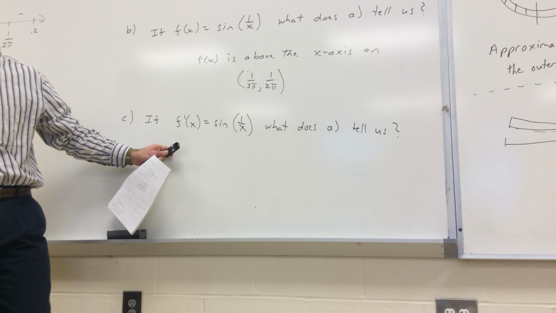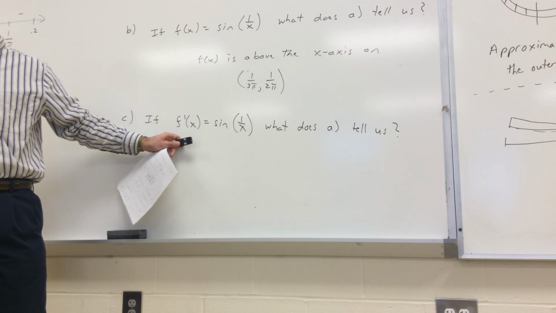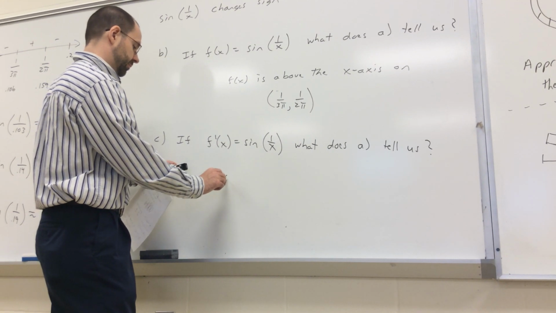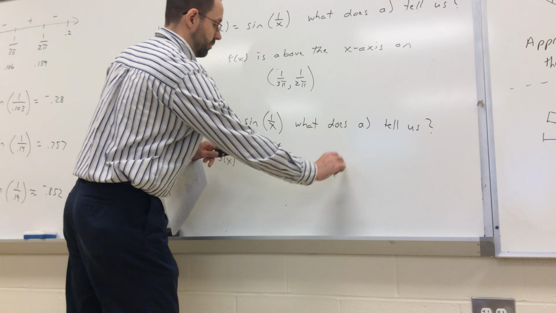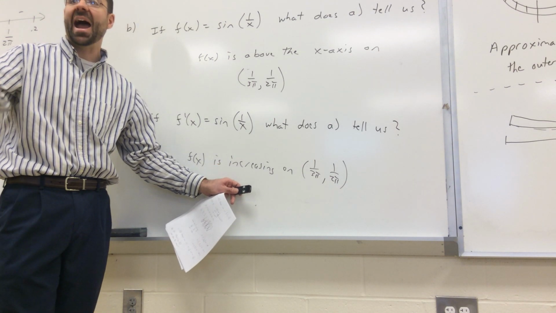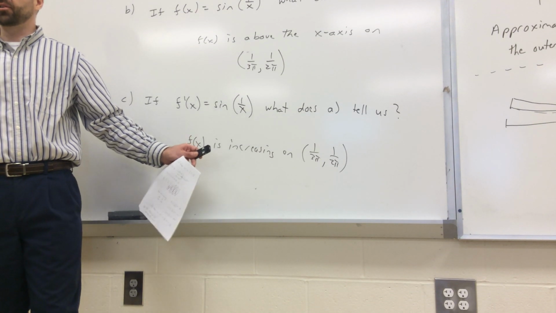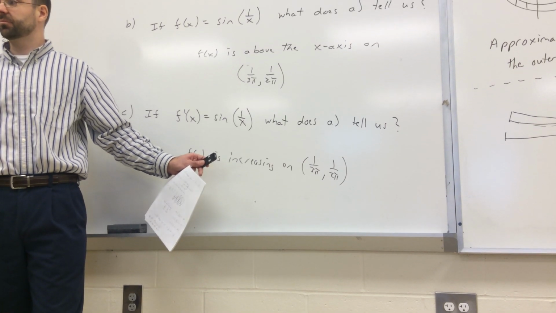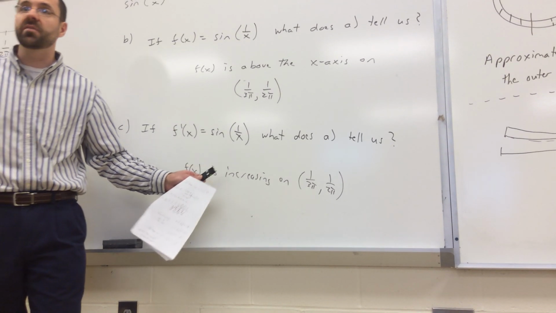So it tells us that f of x, if this is f prime, is increasing on that interval, right? And also that there's a max at 1 over 2 pi, right? Because the slope is changing from positive to negative. But that's if this is f prime, right? If this is the first derivative.